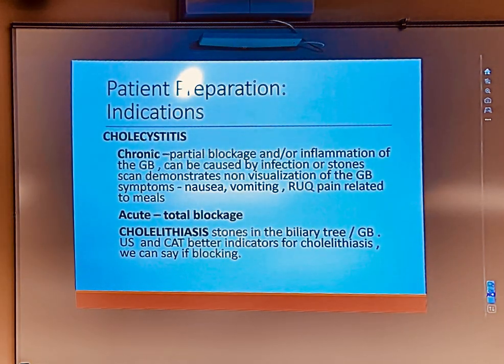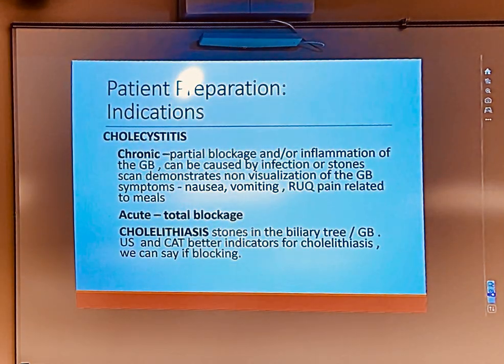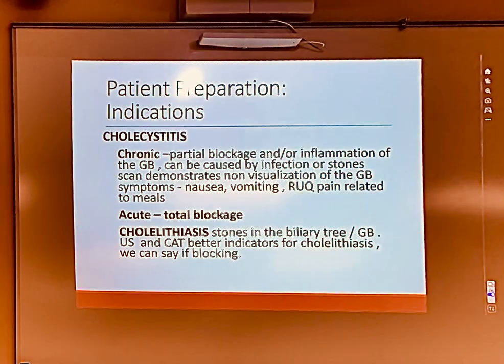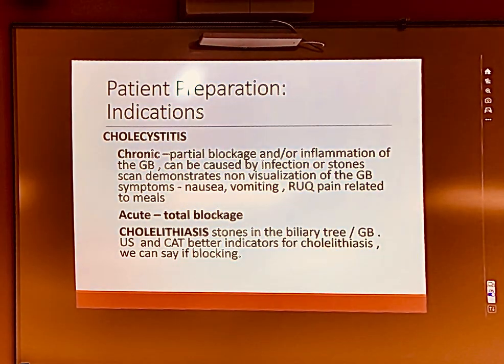It can't go into the cystic duct because the gallbladder is very swollen or obstructed. So it goes right out the common bile duct and right into the intestines, because it can't get into the gallbladder to be stored. In chronic cholecystitis, the gallbladder will show up eventually.